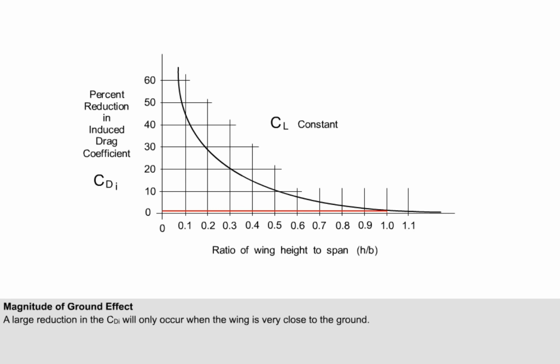That is, with a height-span ratio of 1. As the height comes down to 10 meters, a ratio of 0.25, the CDI has dropped by 23.5%. But at 4 meters, a ratio of 0.1, the induced drag coefficient has fallen by a substantial 45%.